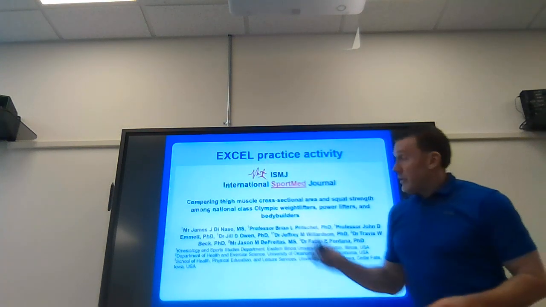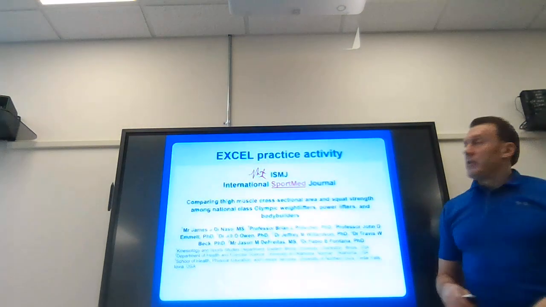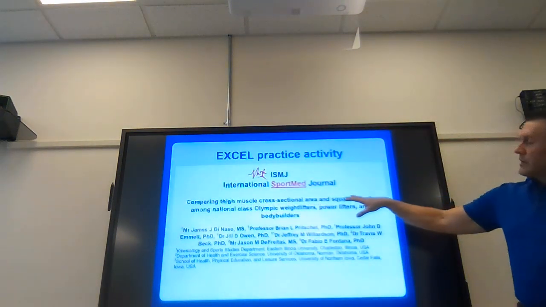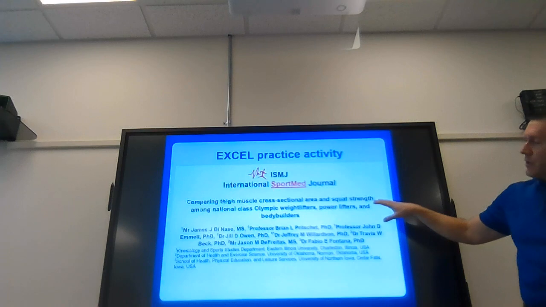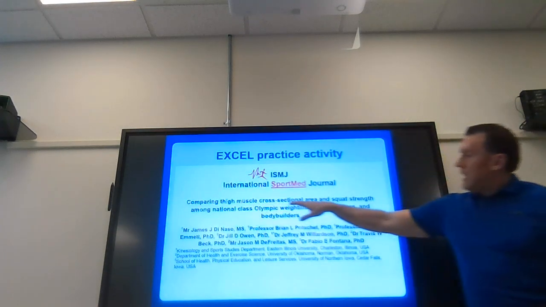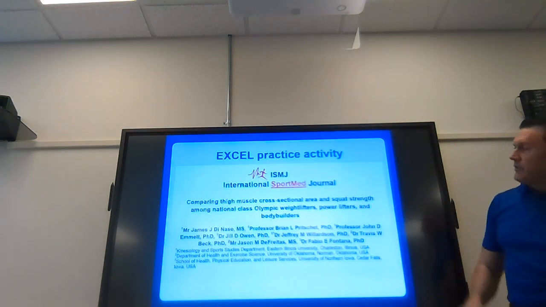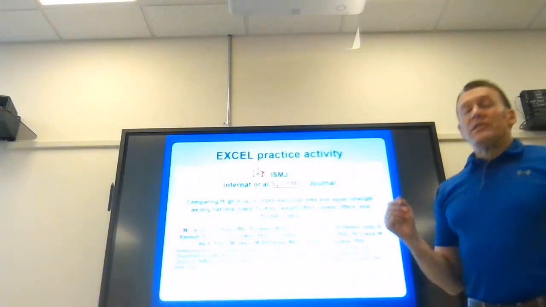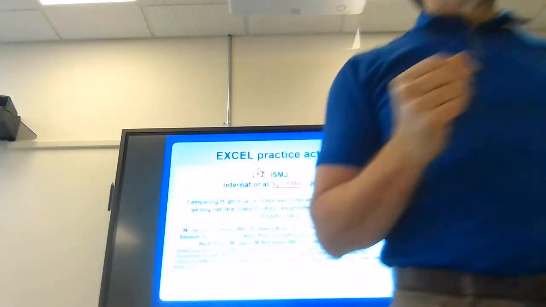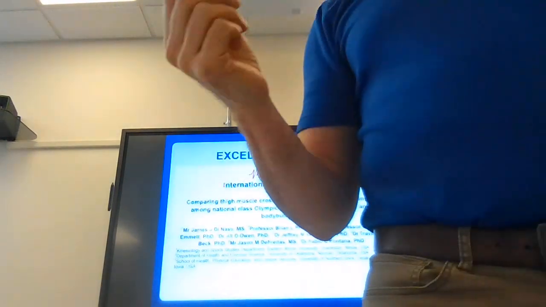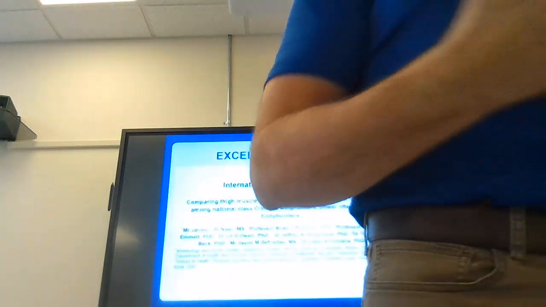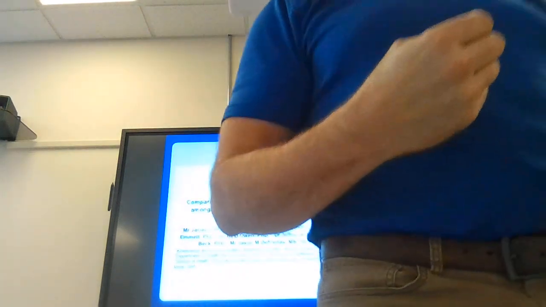Okay. So real data. This is a study that I helped with a few years back, comparing thigh muscle cross-sectional area and squat strength among national class Olympic weightlifters, powerlifters, and bodybuilders. Isn't that great? So we have people from each of the lifting disciplines that are at the elite level.